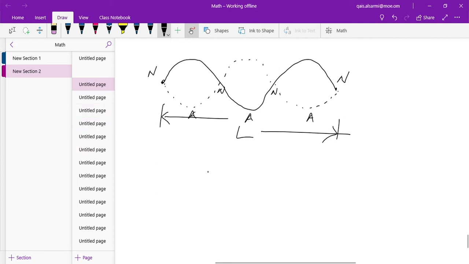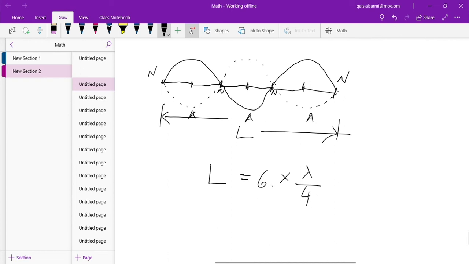Now if you look at the picture closely, what you will find is L equals how much times lambda by 4? 1, 2, 3, 4, 5, and 6. So these are 6 parts, 6 times lambda over 4.